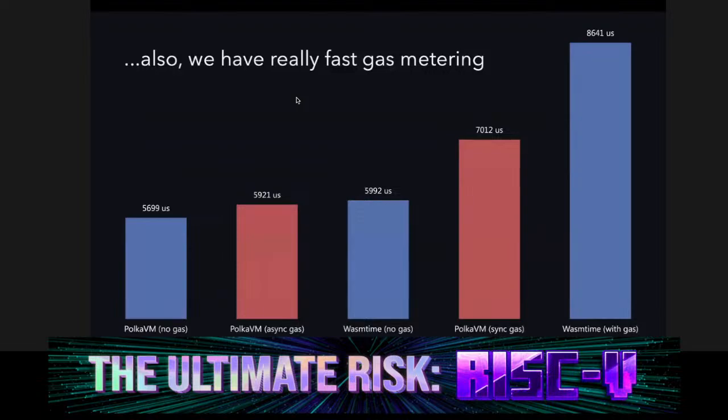So you can have this essentially free performance uplift with no downside. And the funny thing is, when we are running with gas metering, we are faster than Wasmtime running without gas metering. And our gas metering in general is faster than theirs.